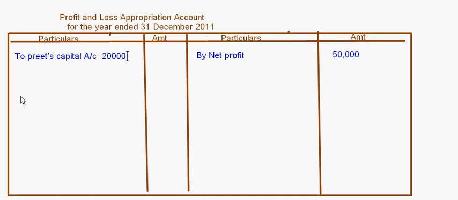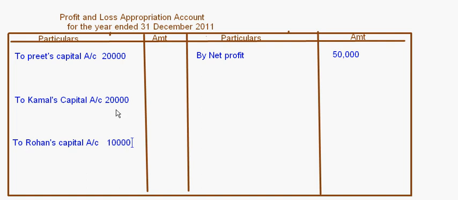First of all I'll just put this to Preet's capital account, to Kamal's capital account, this is also 20,000, right? And here to Rohan's capital account, this is 10,000. This is the actual allocation. Fine.